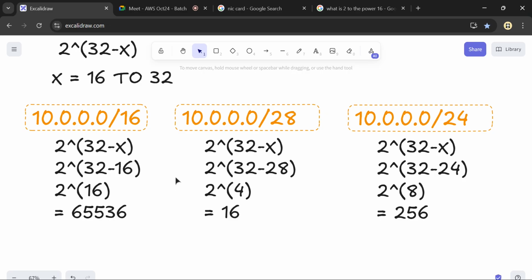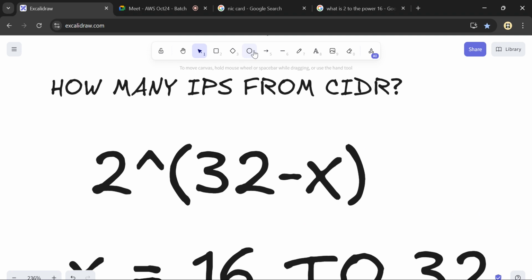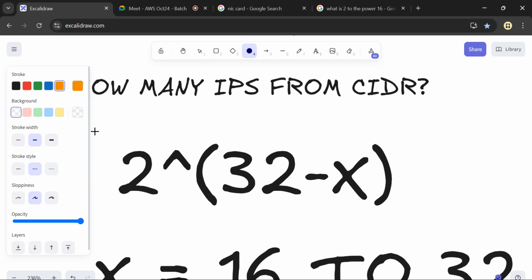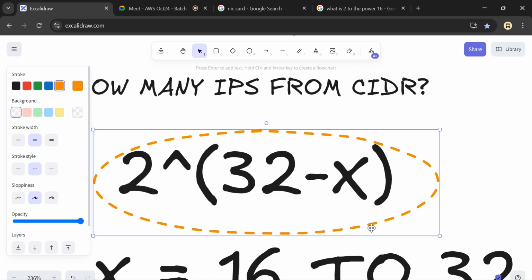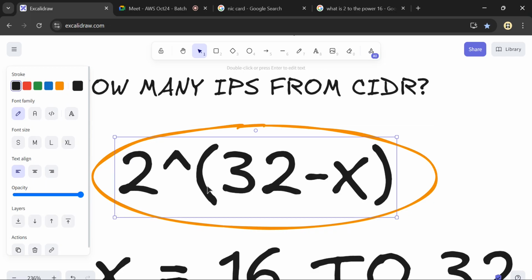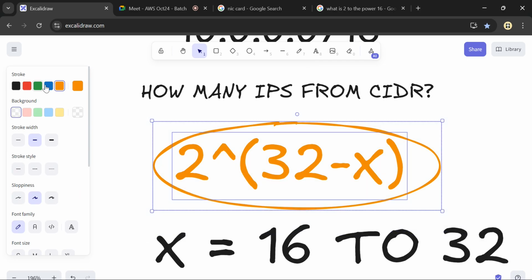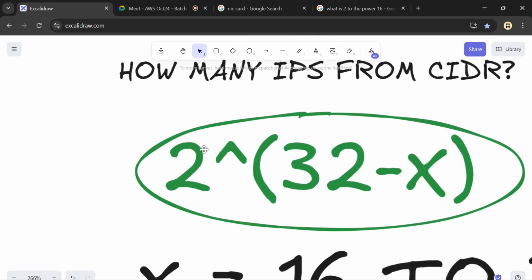Okay, you can refer to this. This is how you do the calculation. This is the rule, this is the formula. So how do you calculate the number of IPs from a CIDR block? This is the formula that you can use. Let me color this formula green.